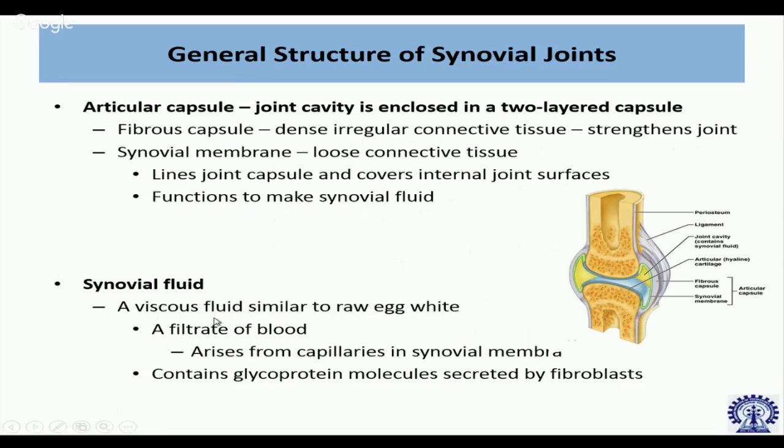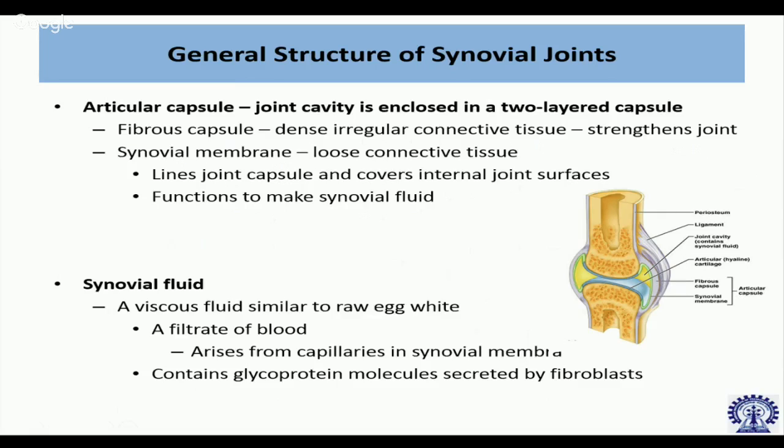The synovial fluid is a viscous fluid similar to raw egg white, and it helps in the articulation of the joint. This fluid is similar to concepts in mechanical engineering.